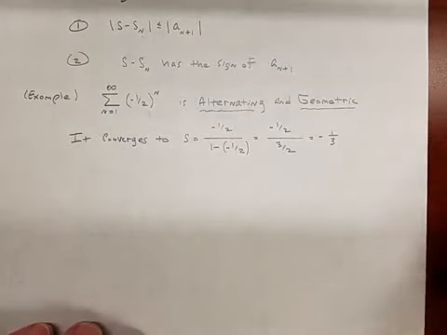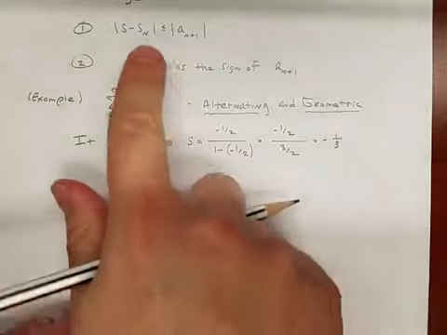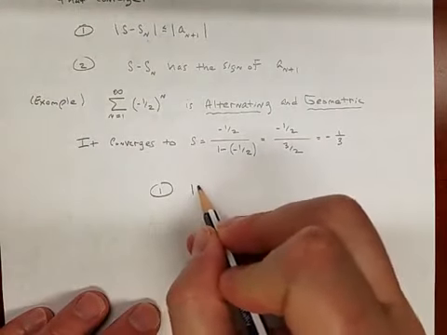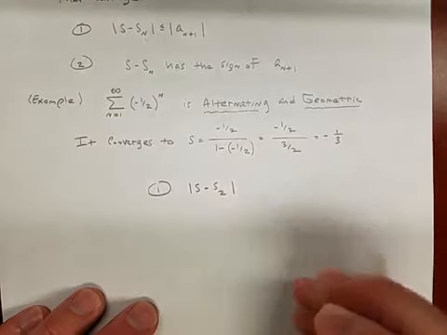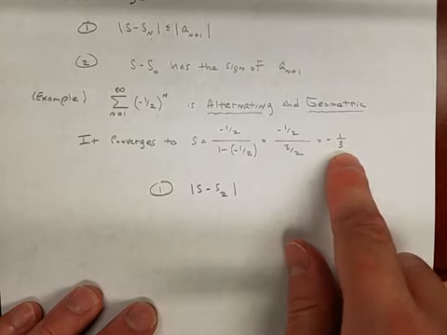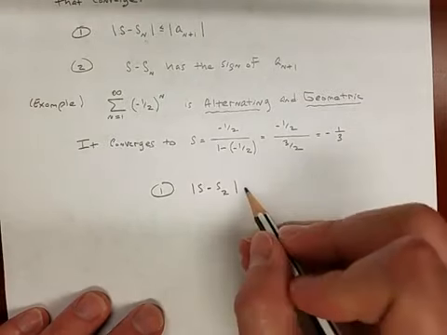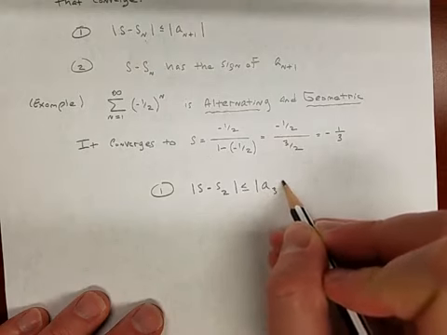Okay, so here's the prediction. I'm just going to pick a number just for the sake of illustration. It should be true that the absolute value of S minus S2, the difference between the sum out at infinity and the sum of the first two terms, should be less than or equal to the third term.